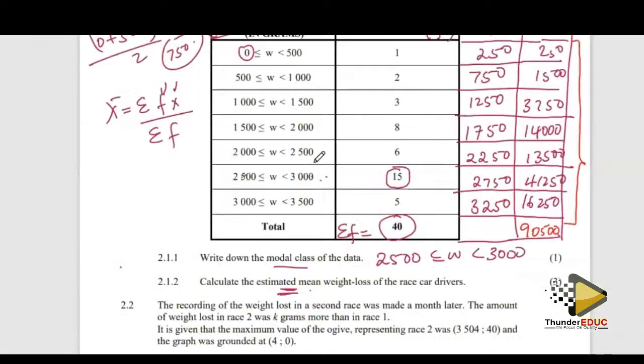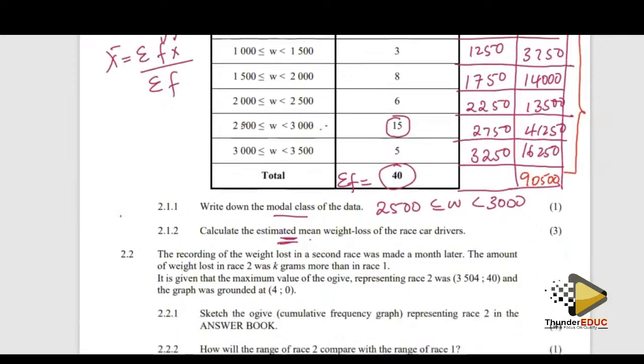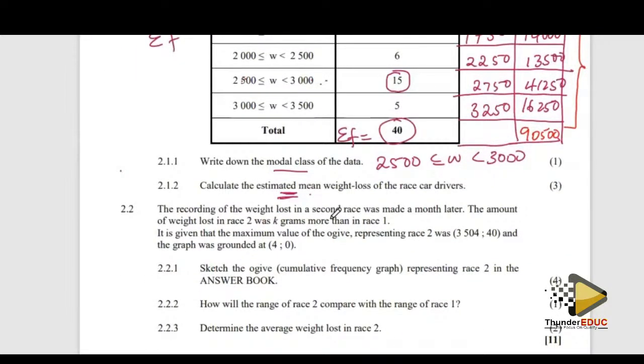All right. Then 2.2. They're telling us that the recording of the weight lost within the second race was made 1 month later. And the amount of weight lost in race 2 was k grams more than in race 1. It is given that the maximum value of the ogive representing race 2 was 3504 and 40, and then the graph was grounded at 40.